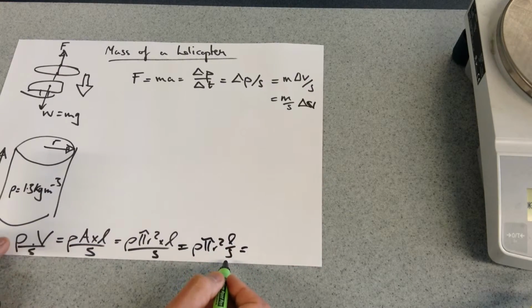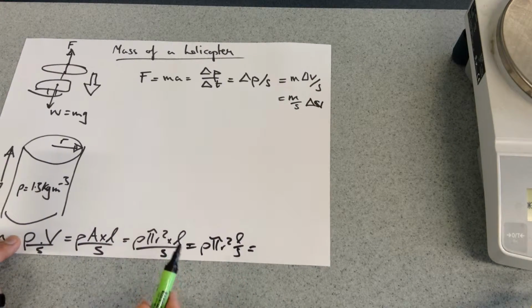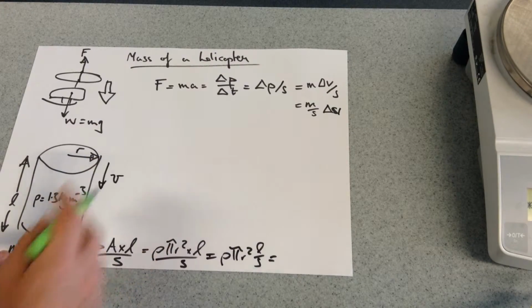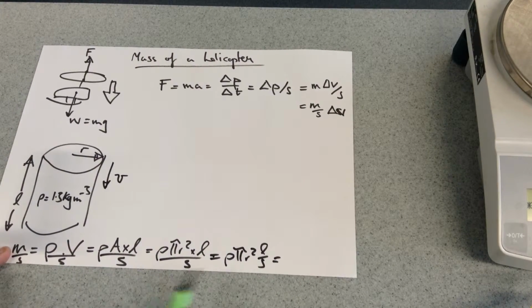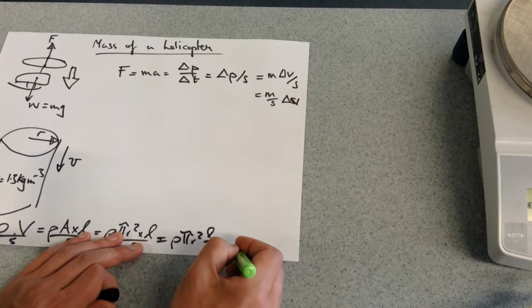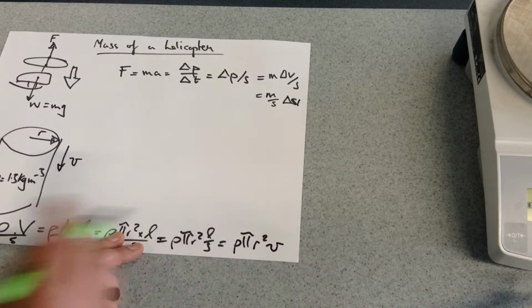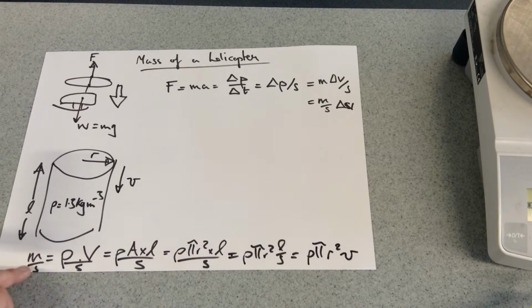And the length per second is in effect a definition for the velocity: the number of meters per second would be the velocity. So in effect I have rho pi r squared v. It's an expression for my mass per second.